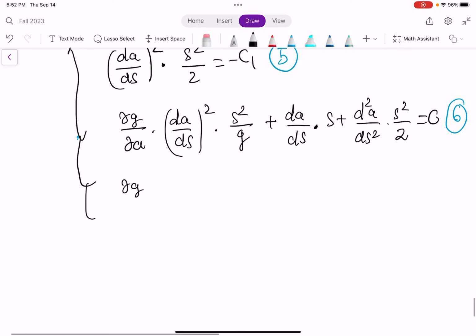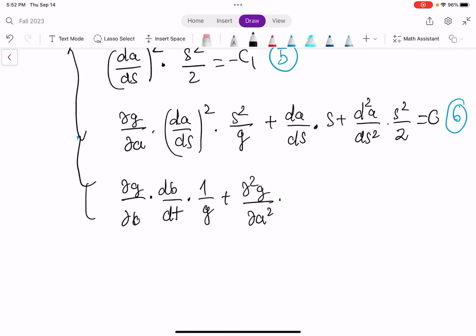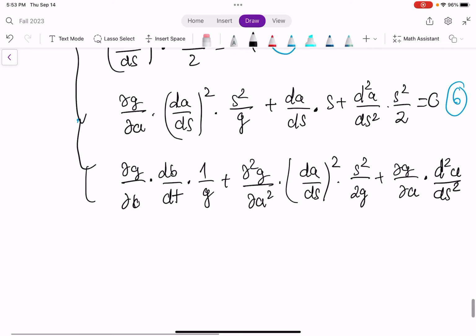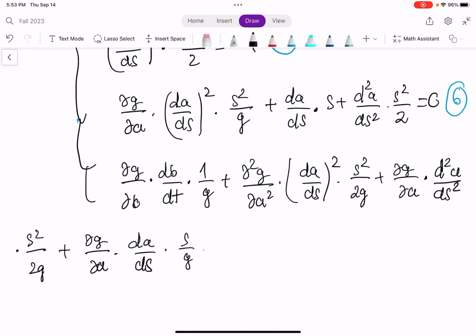So you have partial g with respect to b times db over dt times 1 over g plus second partial g with respect to a times dA over ds squared times s squared over 2g plus partial g over partial a times d squared A over ds squared times s squared over 2g plus partial of g with respect to a times dA over ds times s over g minus 1 equals 0.